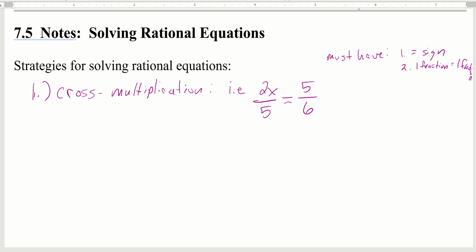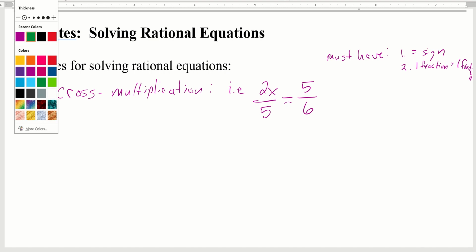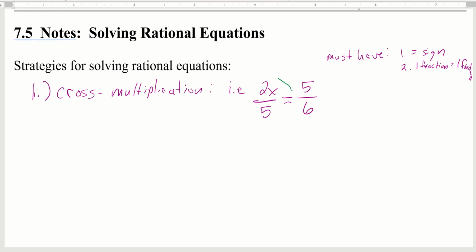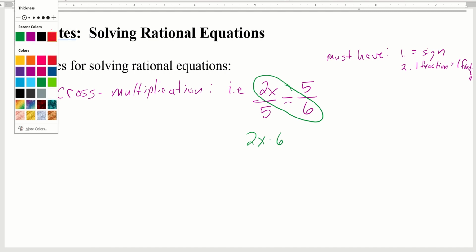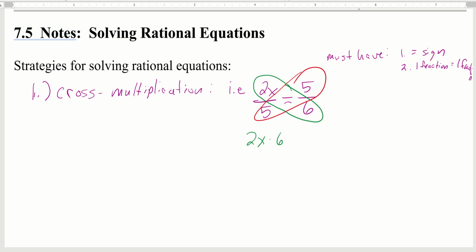So I'm going to show you this way, but this is kind of the only time I do this method for this chapter. Cross multiplication means that you're going to multiply that diagonal together. So we're going to do 2x times 6, and then we multiply this other diagonal, so equals 5 times 5.